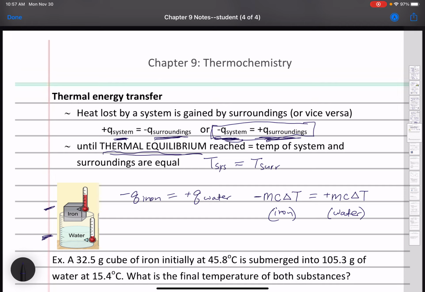Okay, so we can solve problems that involve thermal energy transfer, one thing to another, by using that same equation, the equation for heat, but we're setting the equation of two different substances equal to each other.